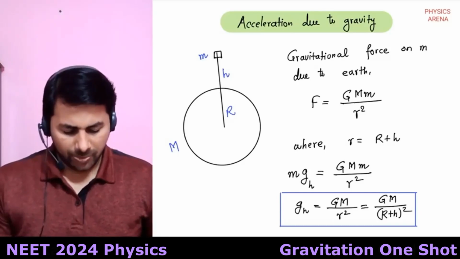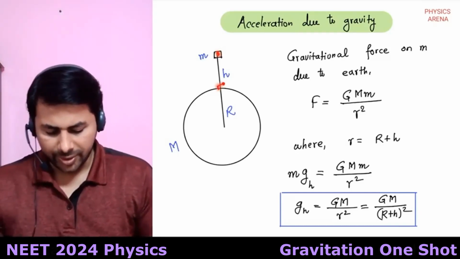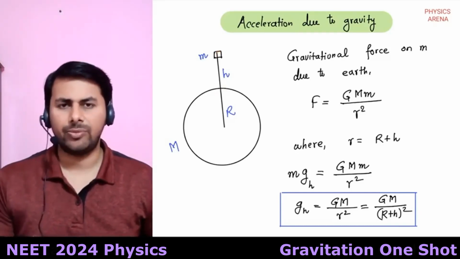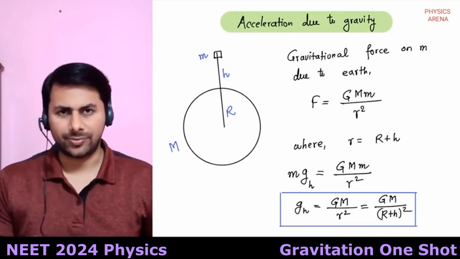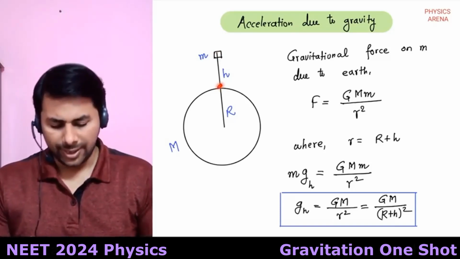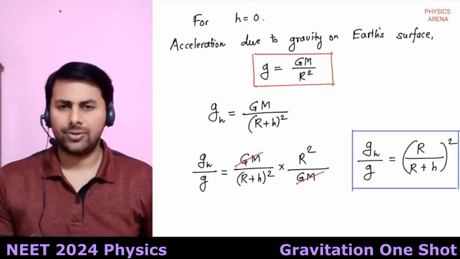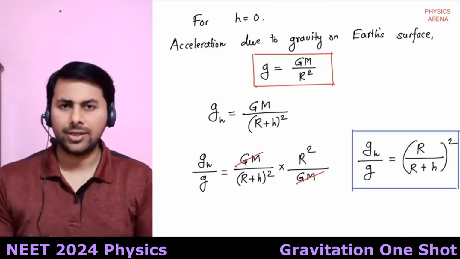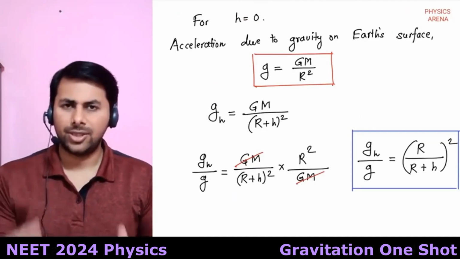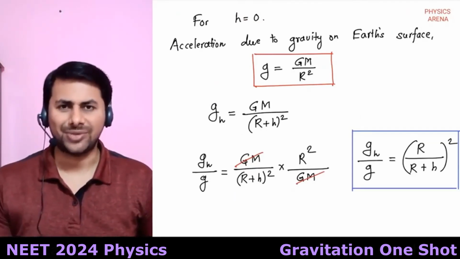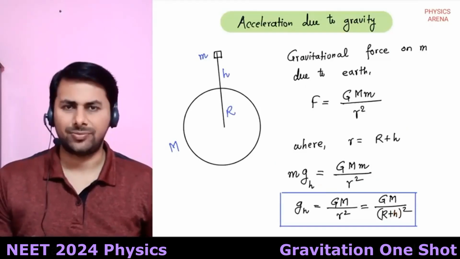Now if we consider this body on earth's surface, then how much will h be? h will be equal to 0. So put h equal to 0, and you get acceleration due to gravity on earth's surface as GM upon capital R squared, because h is equal to 0.